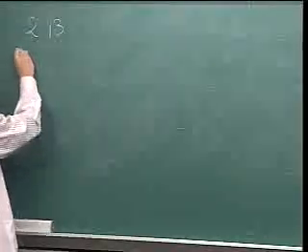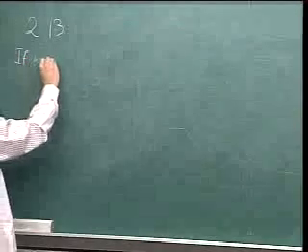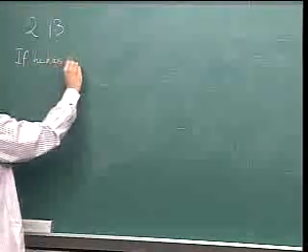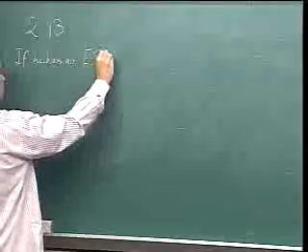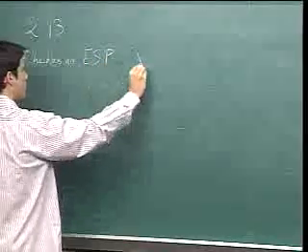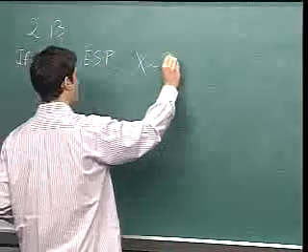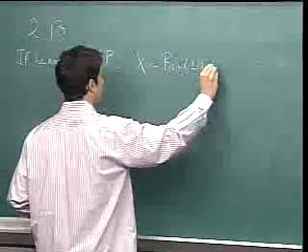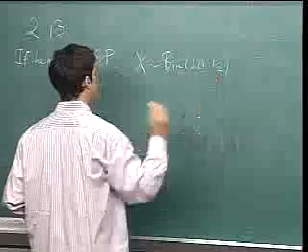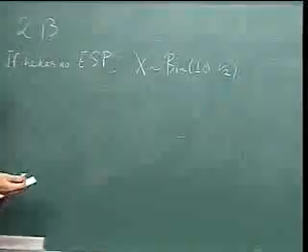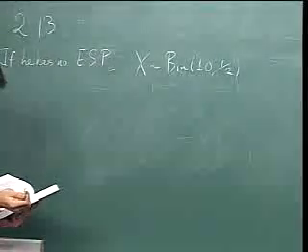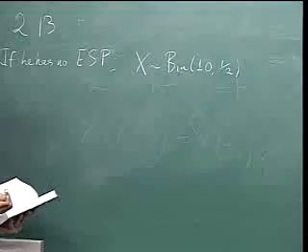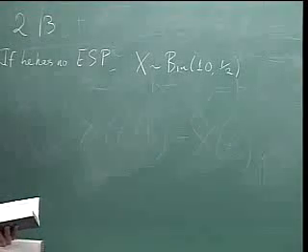So if he has no ESP, then X is a binomial with 10 trials and probability 1/2. And we want to calculate the probability of him doing at least as well as 7 out of 10.